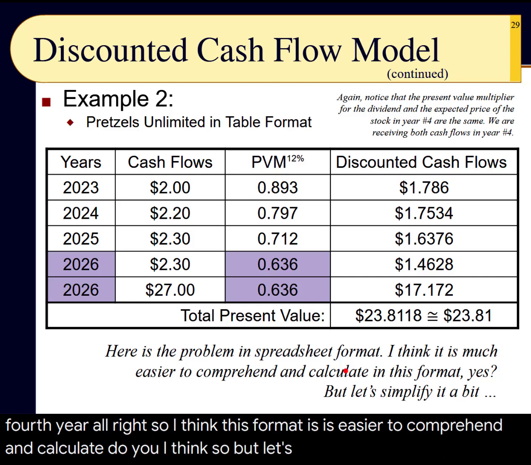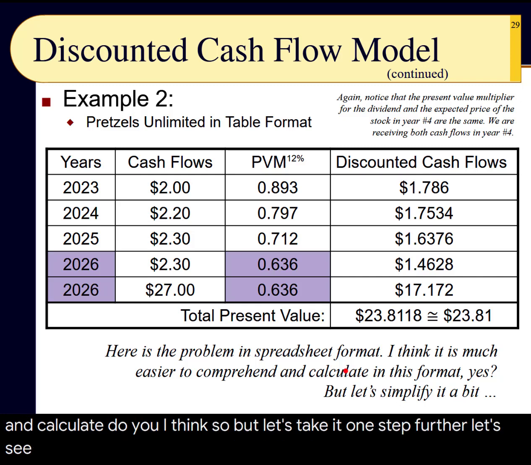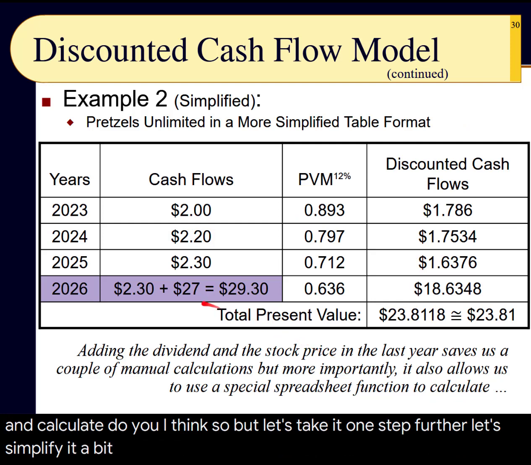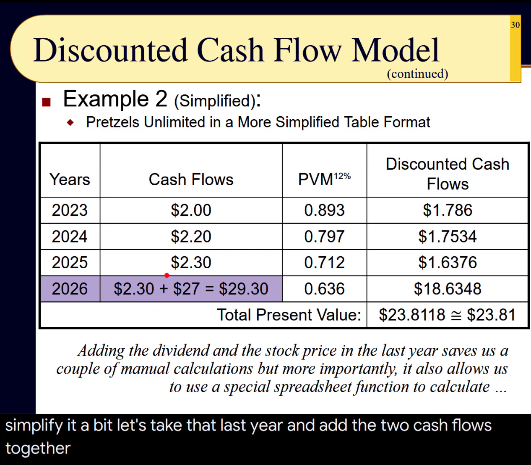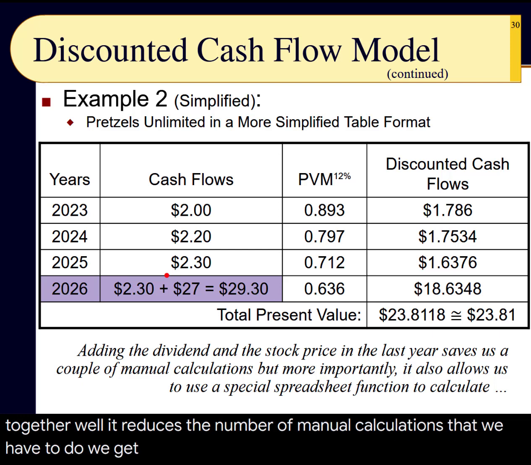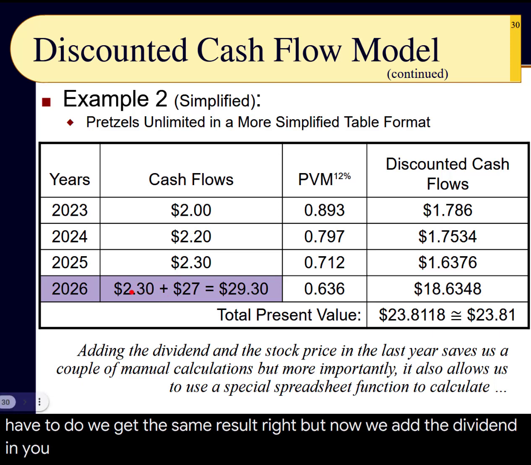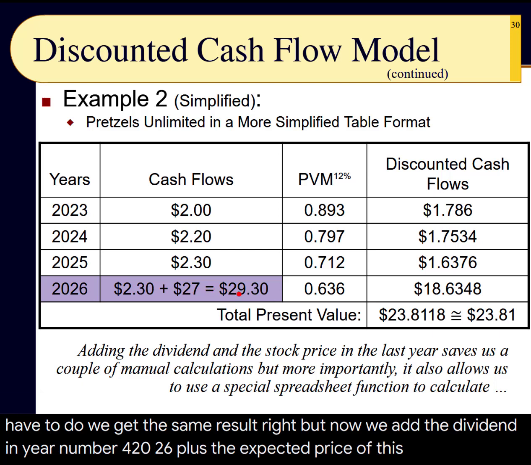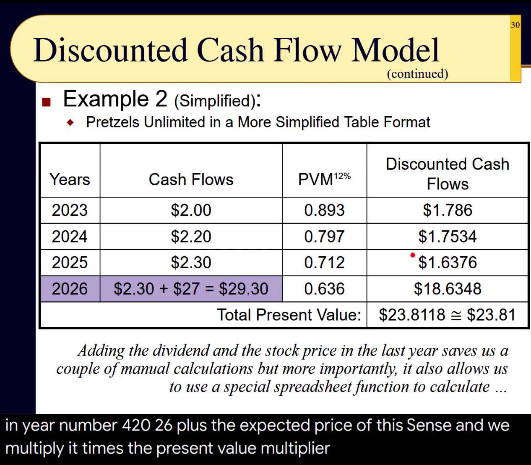But let's take it one step further. Let's simplify it a bit. Let's take that last year and add the two cash flows together. It reduces the number of manual calculations that we have to do. We get the same result, right? But now we add the dividend in year number 4, 2026, plus the expected price of the stock, 27, and we get $29.30, and we multiply it times the present value multiplier, and these are the results.